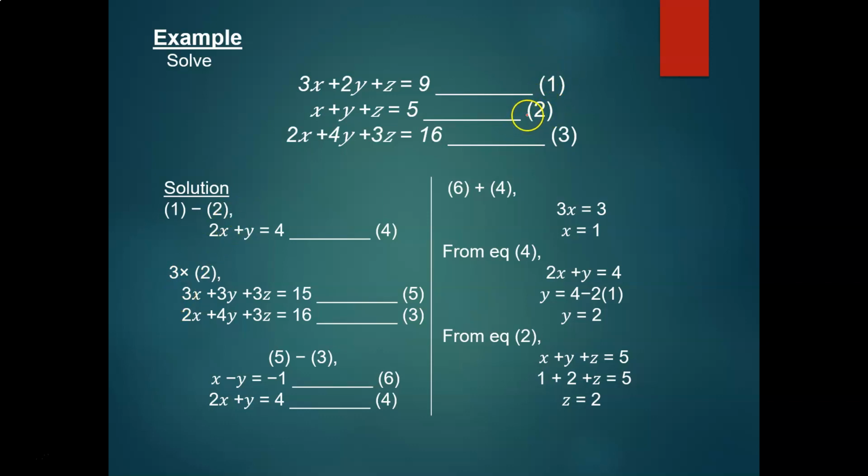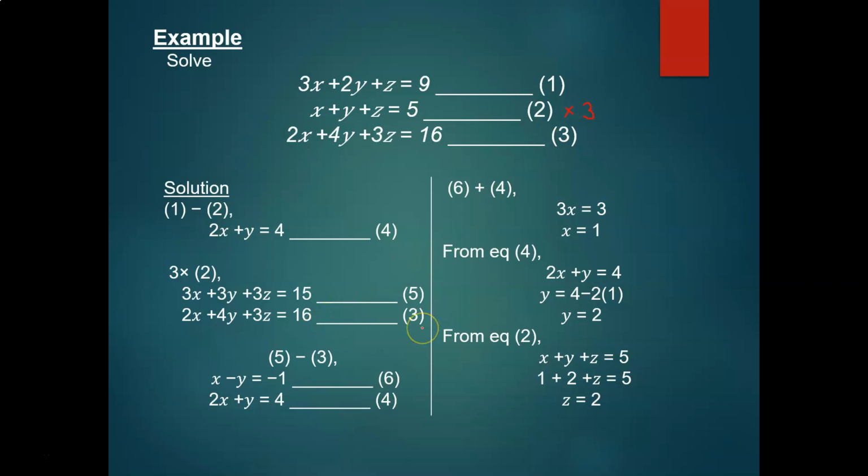Kenapa I multiply with 3? So that I have, because this one I only have single x, I want it to become 3. Okay, so I get 3x plus 3y plus 3z equal to 15. Yang ni tadi I kali dengan, I multiply it with 3. So I get fifth equation. Equation yang kelima. And then this is equation yang ketiga.